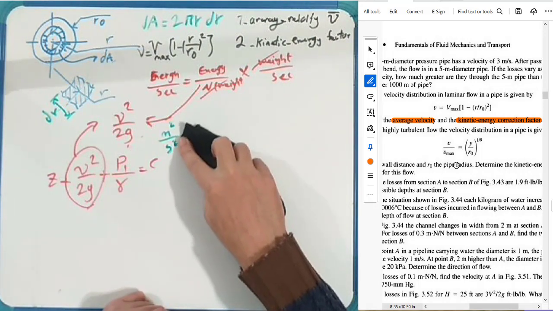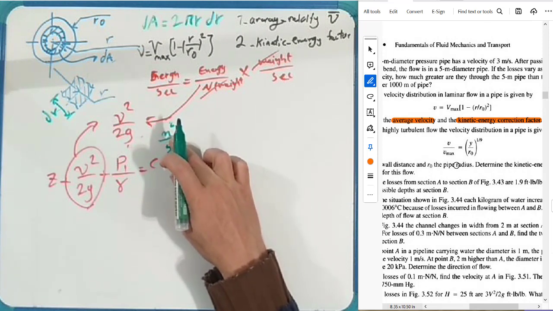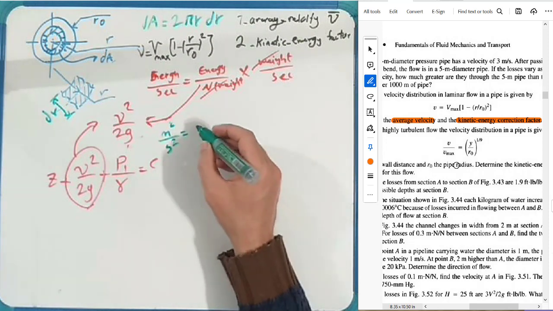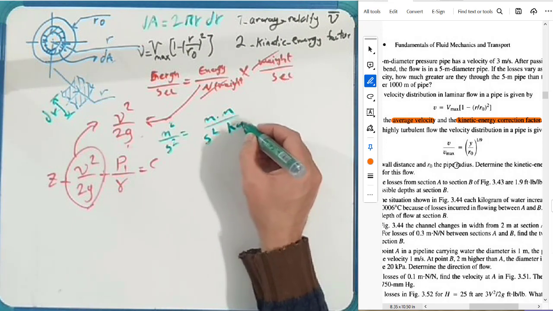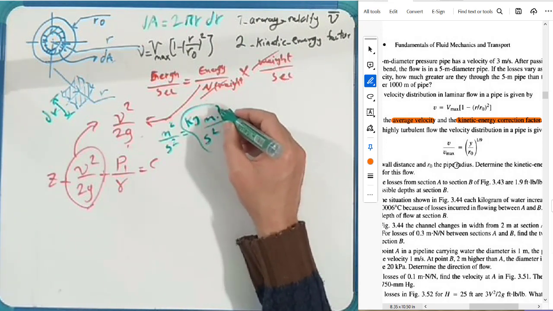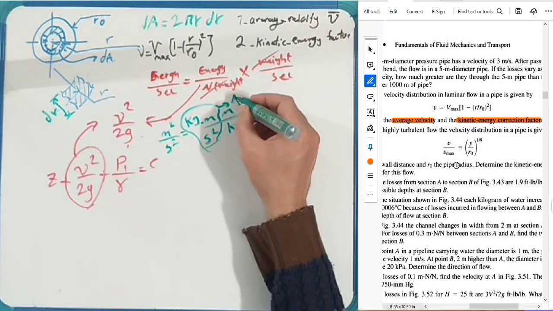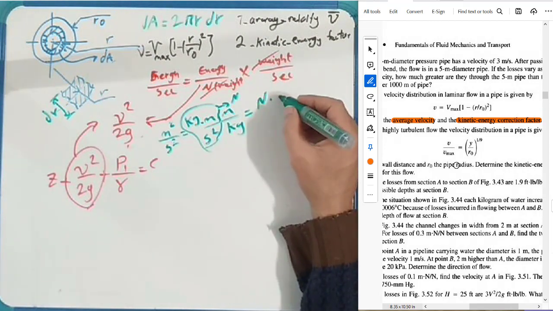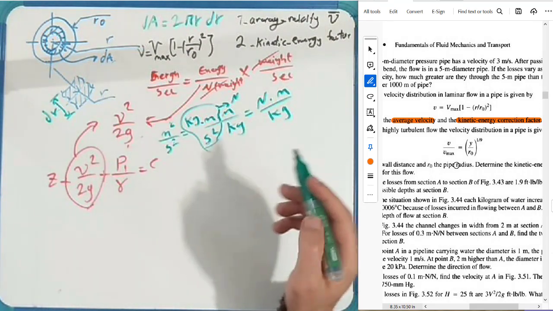But in another way, I know that it would be written like that, meter squared per second squared. We add a kilogram here, and know that kilogram meter per second squared would be Newton. It will equal Newton meter per kilogram.